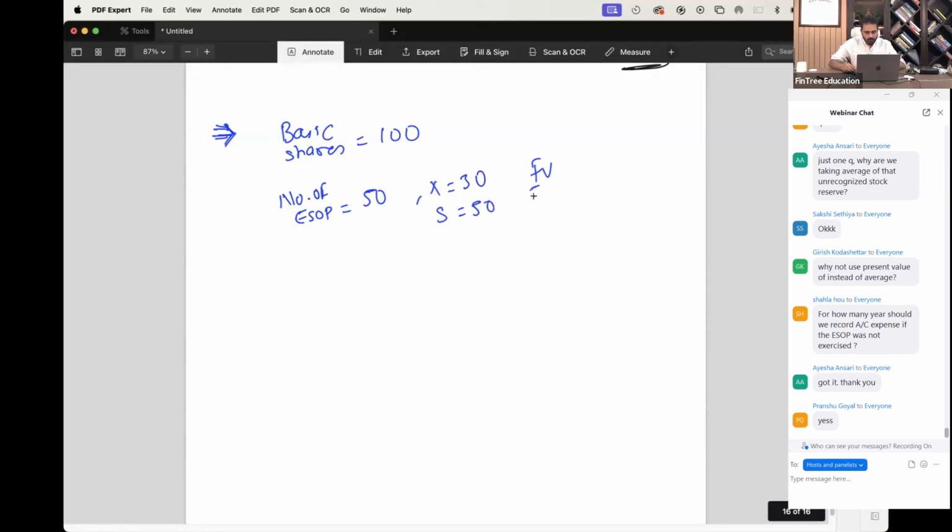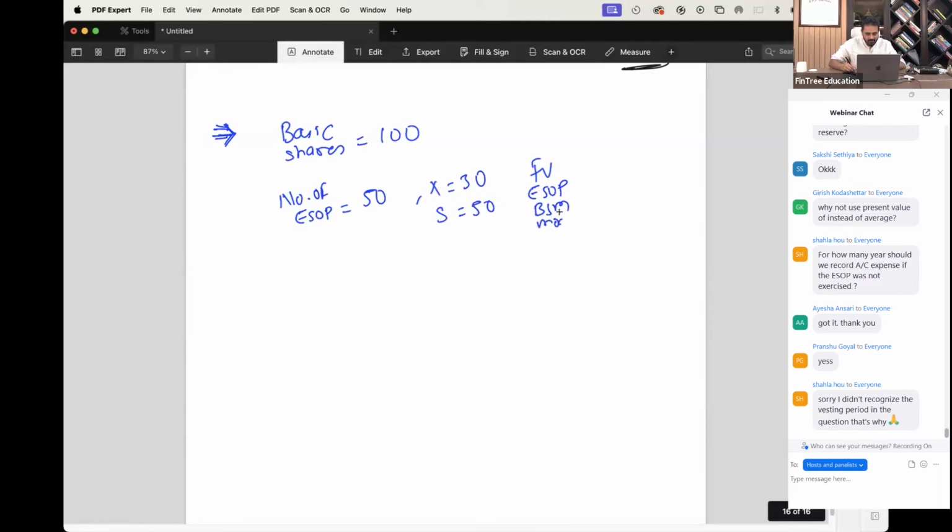The fair value of the ESOP according to the BSM model, and I'm intentionally throwing BSM in again and again so that it gets drilled into you that we don't do accounting on intrinsic value, we do accounting on fair value, which is going to be more than that, let's keep at 30. Vesting period is 3 years.